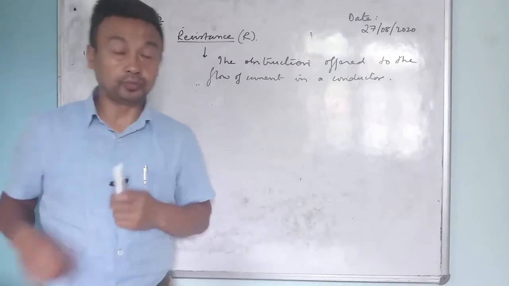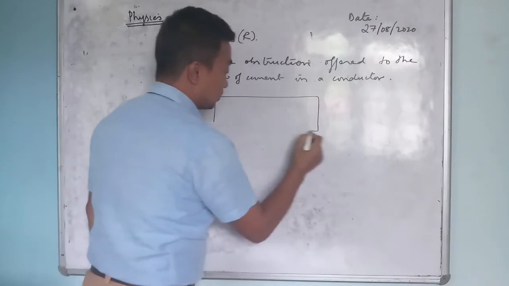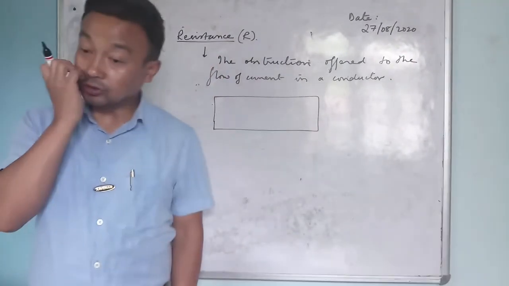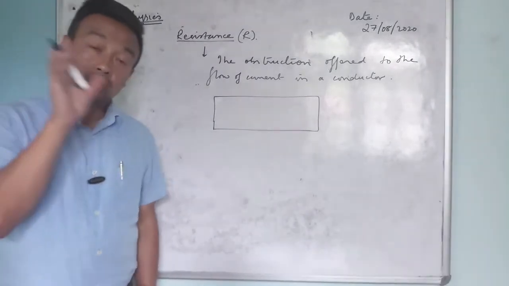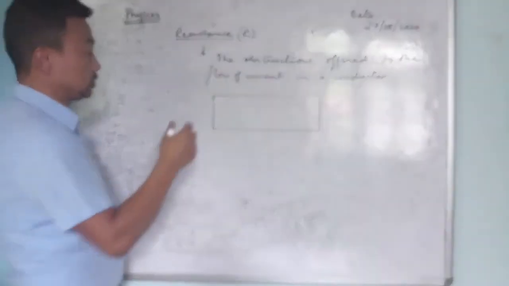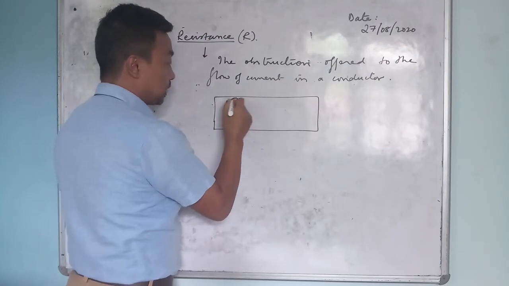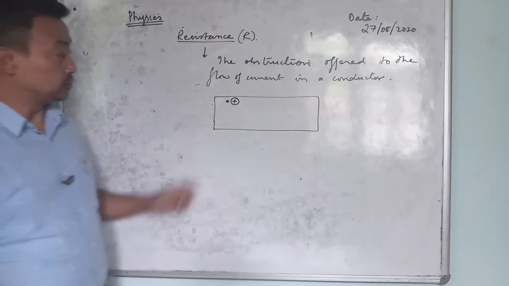In a metal, along with the free electrons, you have an equal number of positive ions. For example, this dot gives you electrons and this plus gives you the positive ions.